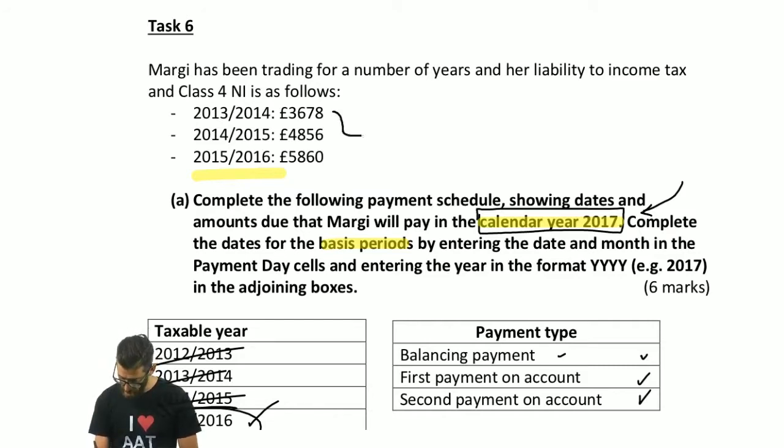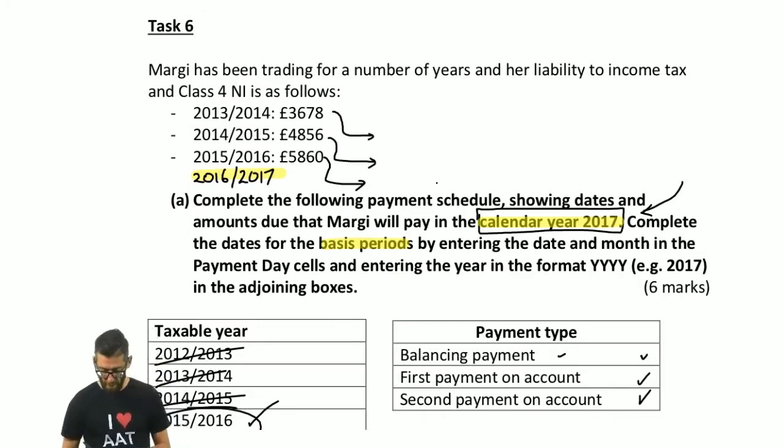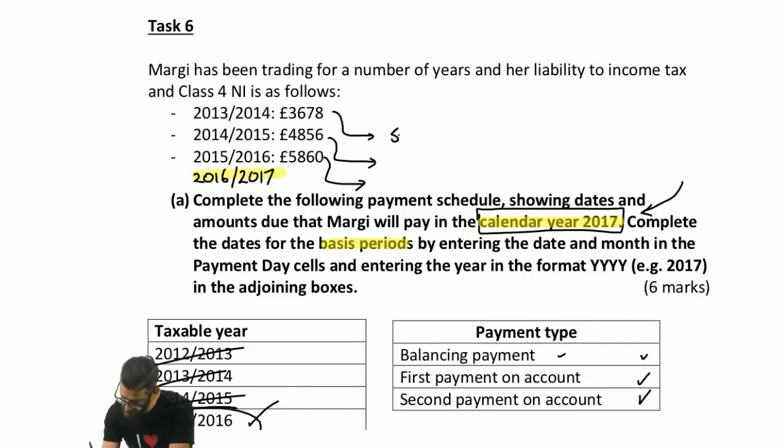So that will be used here, here, and into the tax year 2016-2017. 50% in Jan, 50% in July.